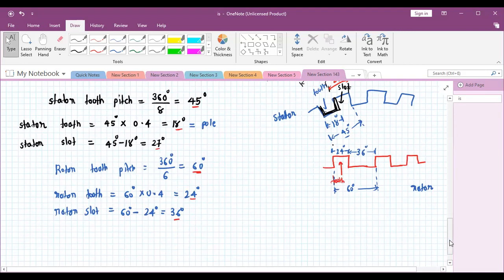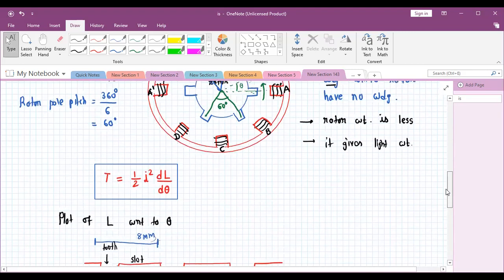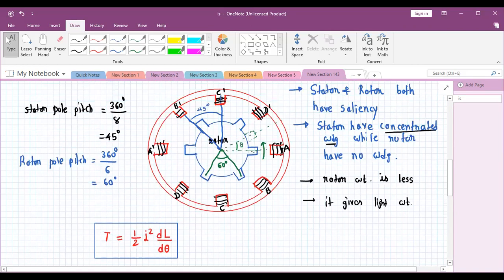Say for example, if I give a supply, first it will come under the rotor tooth, then the A phase comes under the rotor slot, again rotor tooth, again rotor slot.